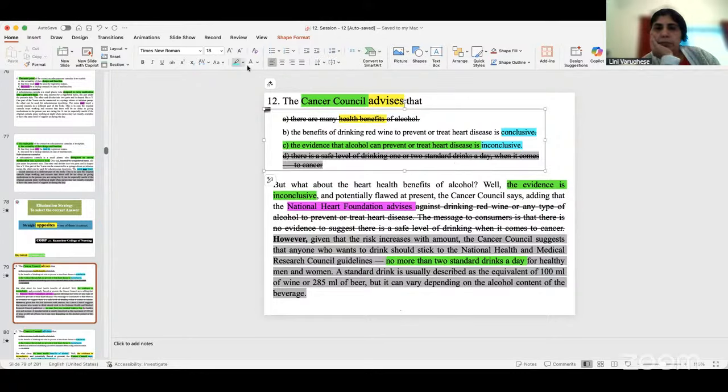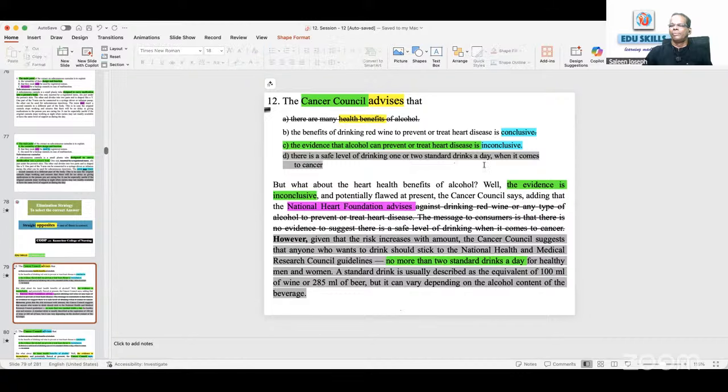Option D is saying there is a safe level of drinking when it comes to cancer. Who is saying that?